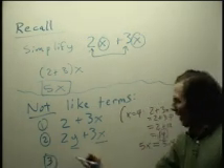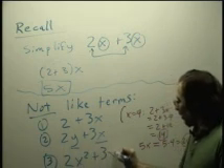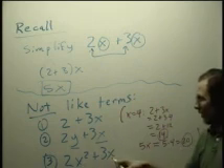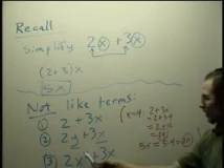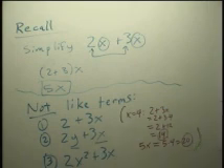Another thing we cannot do is combine 2x squared plus 3x. Well, this has an x just like this one, but this x is being squared. This x is not being squared.